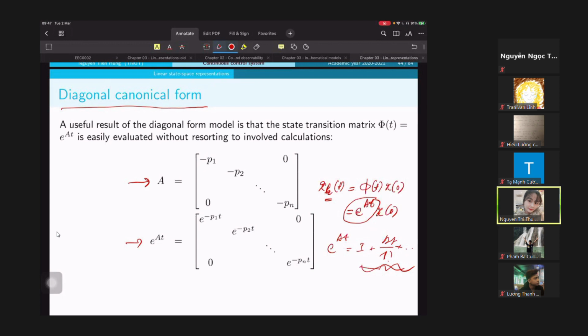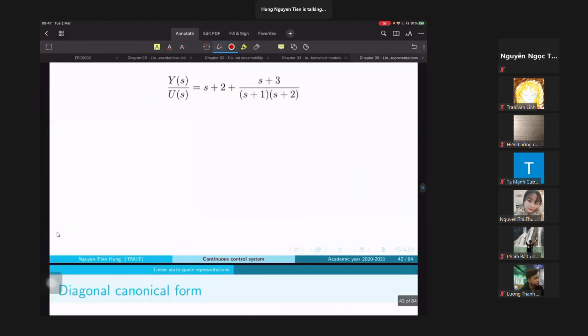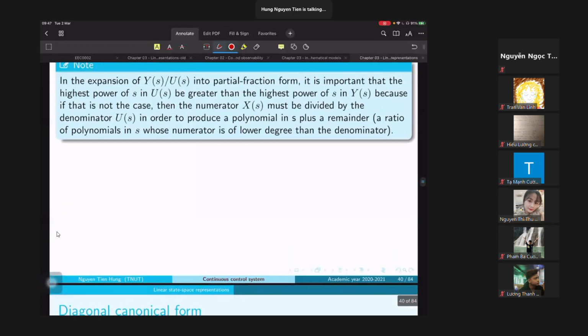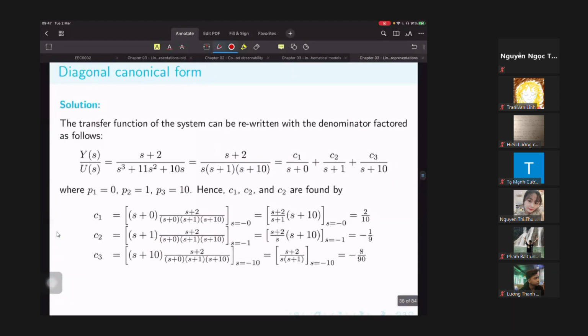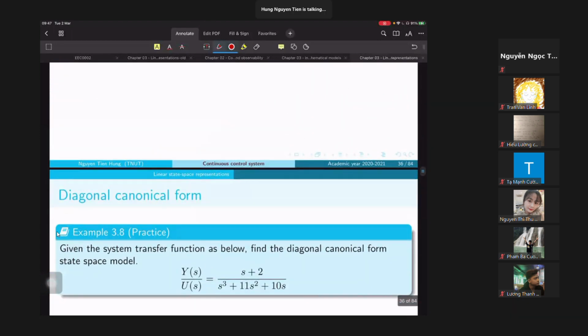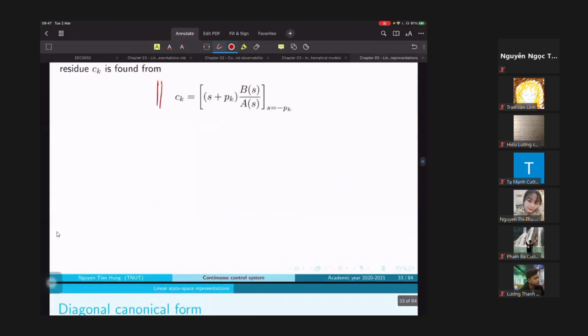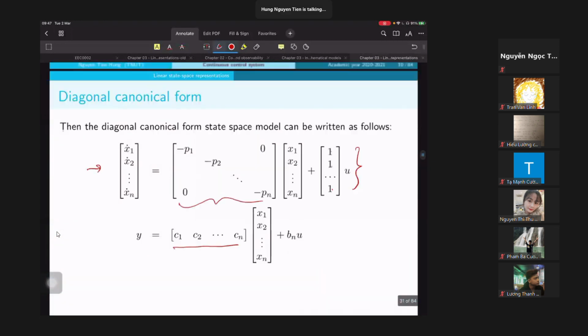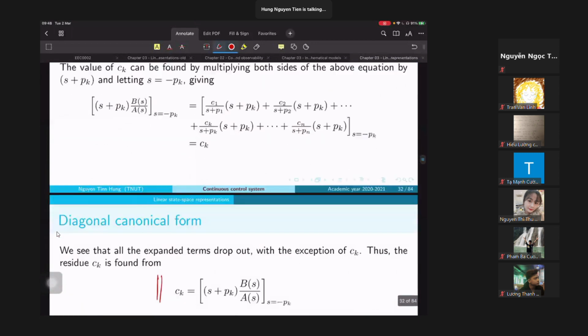Okay, but unfortunately, this only happens if the denominator has distinct roots or distinct solutions. There's a requirement for that. So we require that P1, P2, up to Pn are all different.